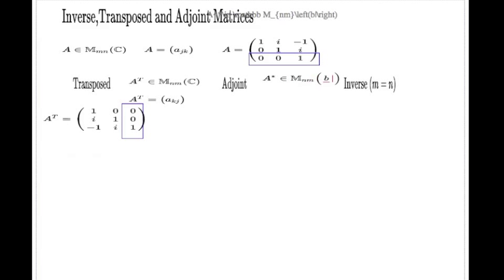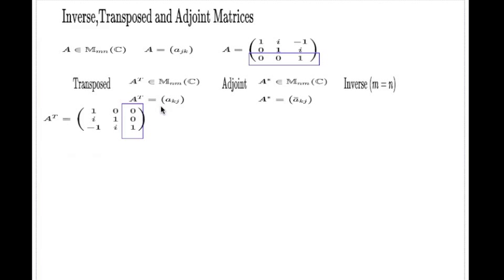Generally, it's with the complex entries. The elements of that matrix, look at this, not only do we swap the indices this time, but we also take complex conjugation. That's the difference between adjoint and transposed.